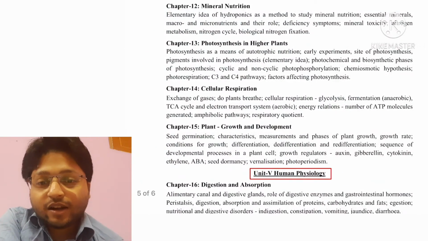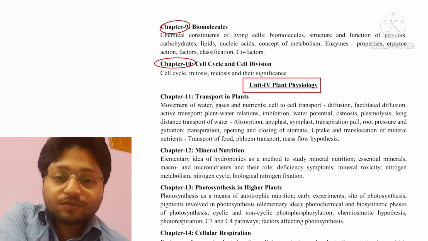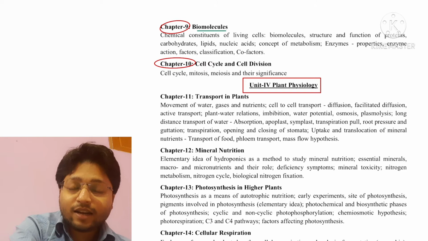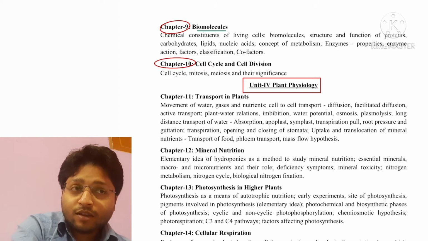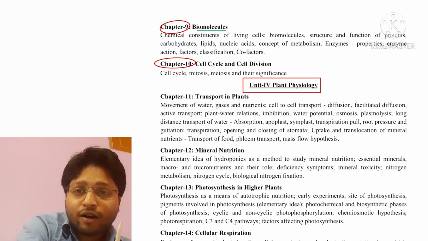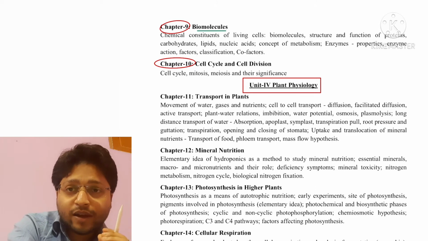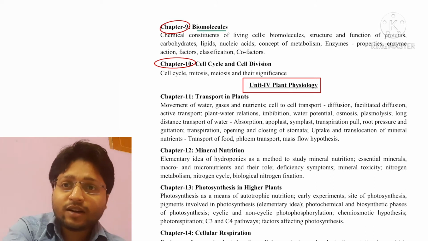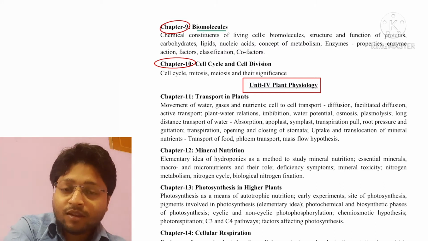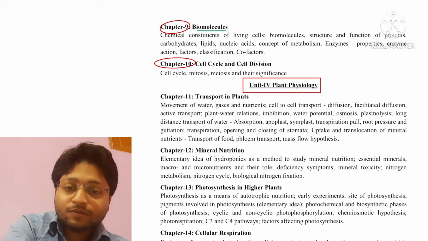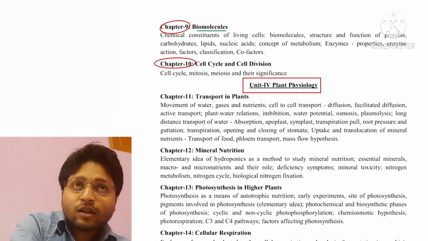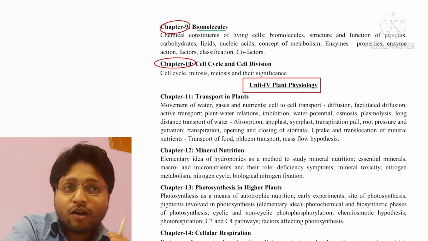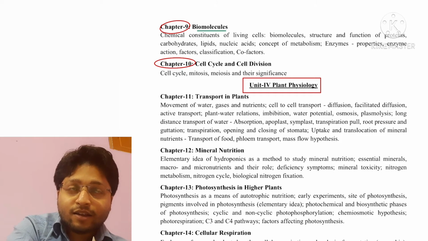In the next chapter, biomolecules. In the previous chapter, the cell, the basic unit of life, you will cover the structural aspect of a cell, that is the different types of cellular organelles. But in chapter 9, biomolecules, you will cover the chemical aspects of a cell, right?